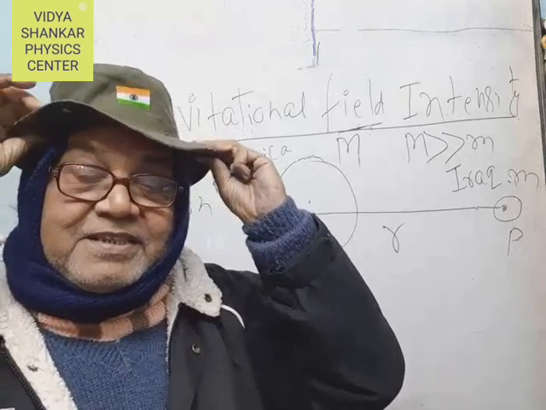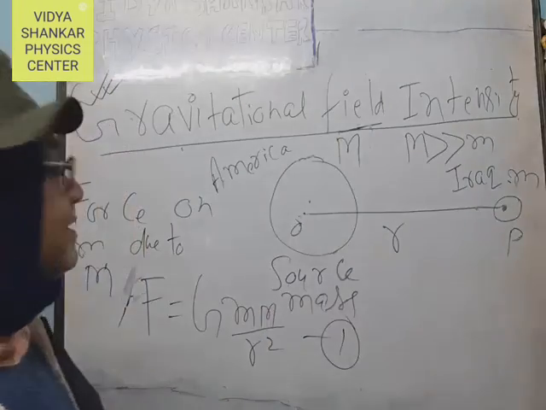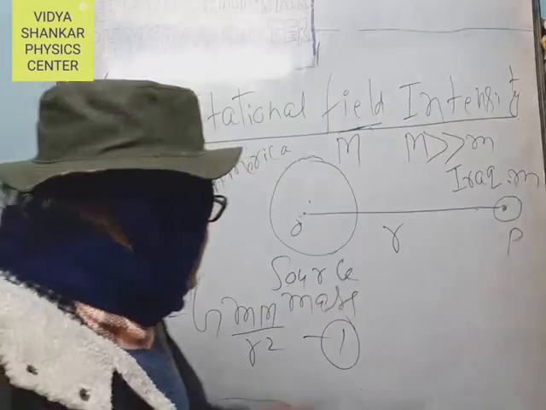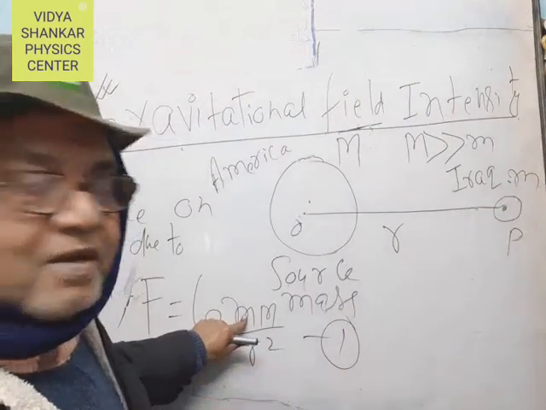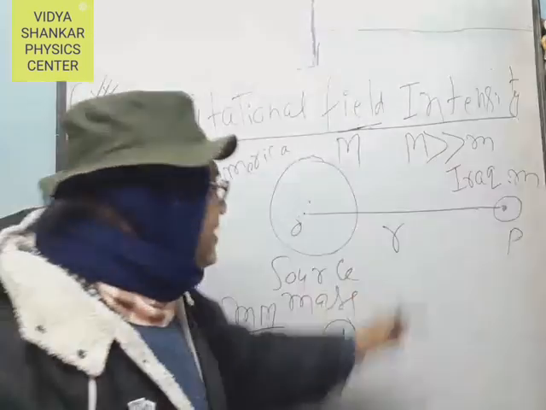Newton's law of gravitation is the central point of this chapter. Now we follow it with m in place of m1, capital M in place of m2, and the distance between the two bodies is small r.